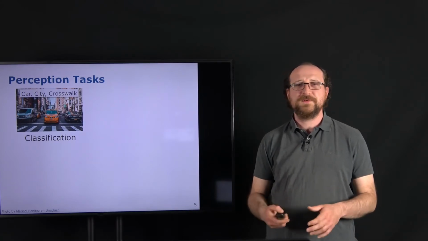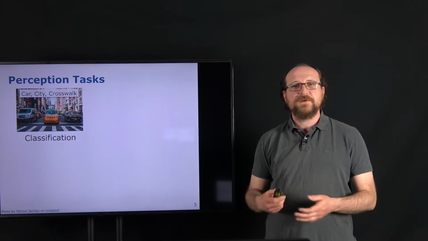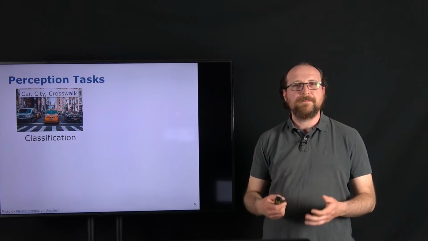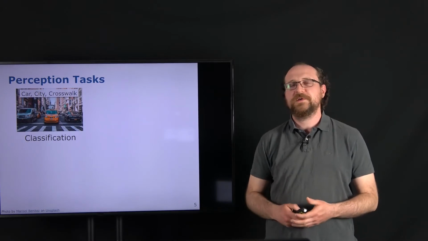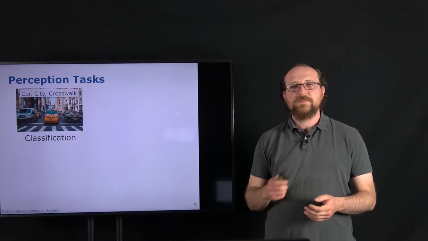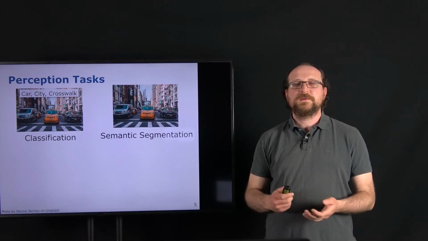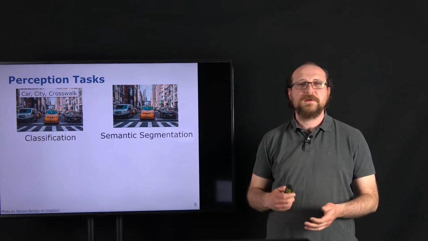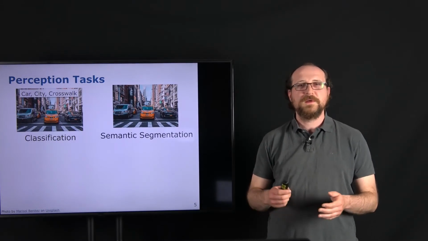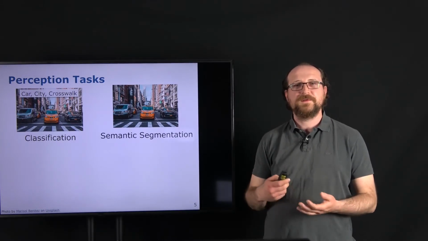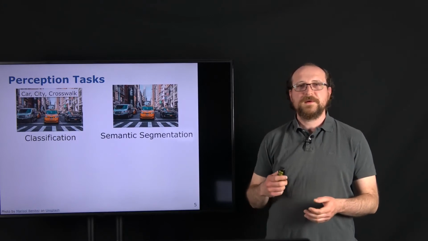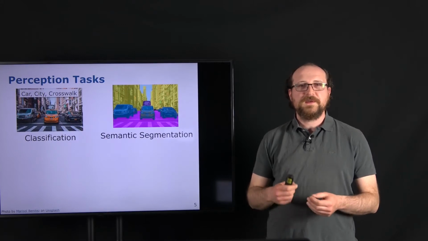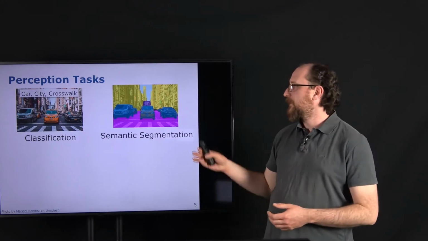And more specifically, when we not only want to know in general what happens in the image, we can also ask ourselves what each pixel belongs to. And this is the task of semantic segmentation. So here again we have an image, and now we want to classify not only the whole image itself in some categories, but classify each pixel. And in this case, we assign each pixel a specific label encoded here by these colors.